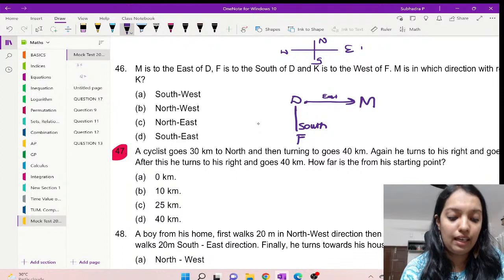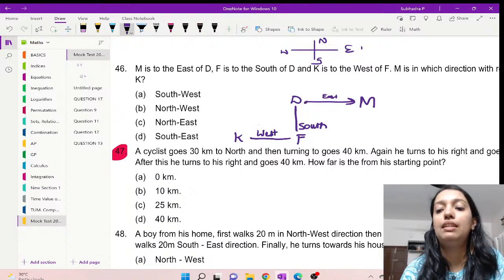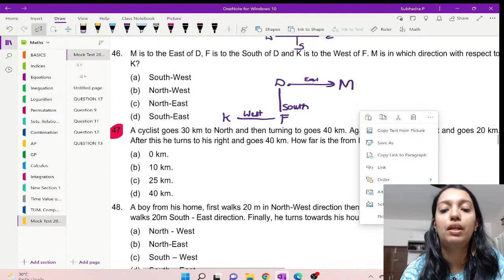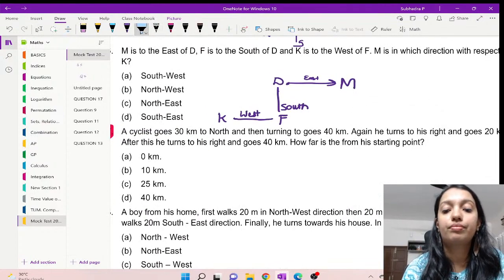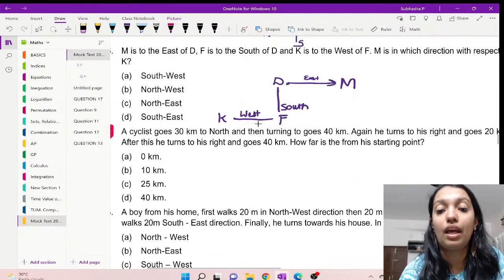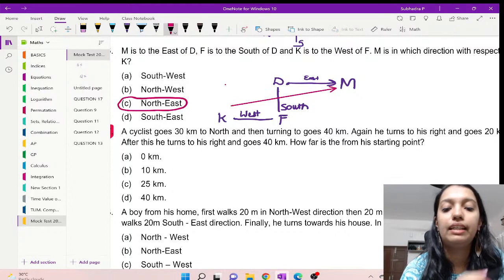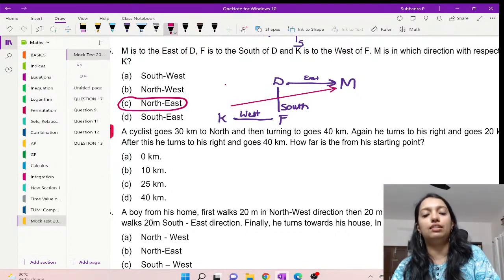Next, K is to the west of F. There is K, there is west. M is in which direction with respect to K? From K, if you have to go, in which direction do you have to go? This direction is known as northeast direction. That is your correct answer.